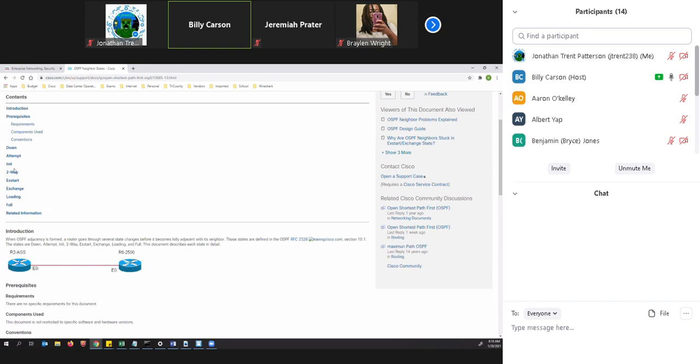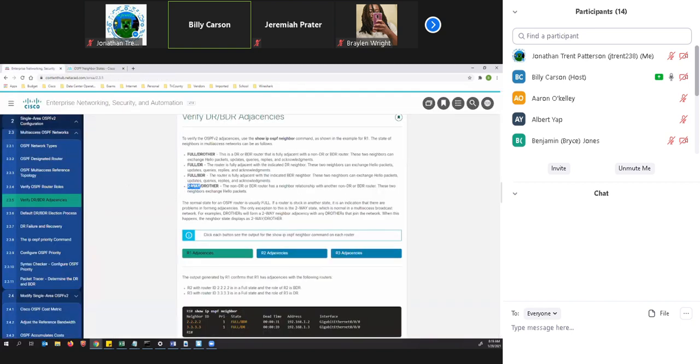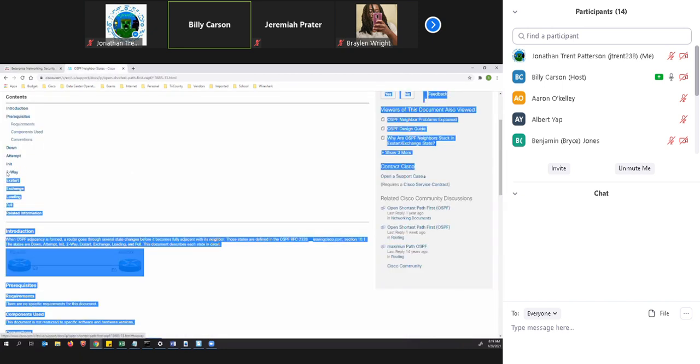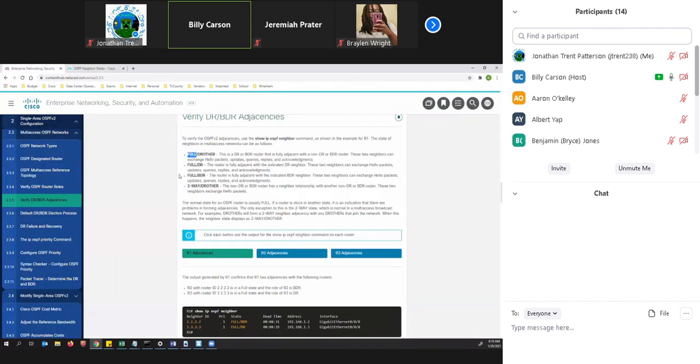As we're sending these, these LSAs are going out, we're sending and receiving information. We're building this database, or we're figuring out the best route to go, all of that kind of stuff. Once all of that's completed, we're in the full state. Okay, so that's what they're talking about here with this being full, and you can also notice the 2-way state there. There's where that one is right there. Okay, so you can see here, full DROther here. This is a DR. BDR is fully adjacent with non-DR or BDR router. So we can see the different states there.